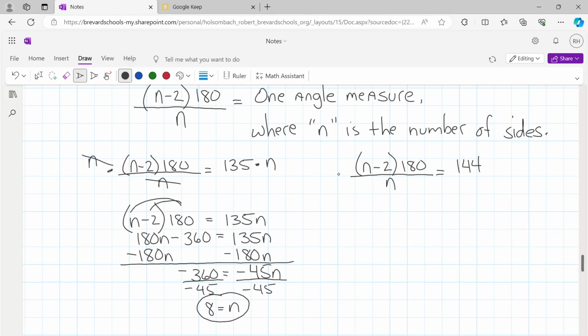Again, first step, multiply both sides by n. The two n's on the left cancel, and n minus 2 times 180 is equal to 144n.